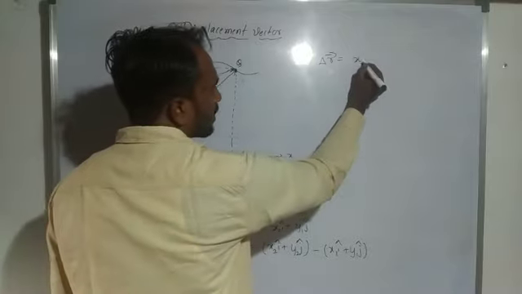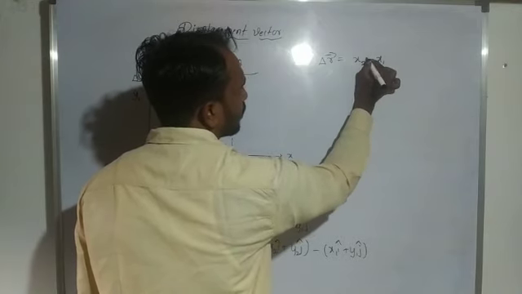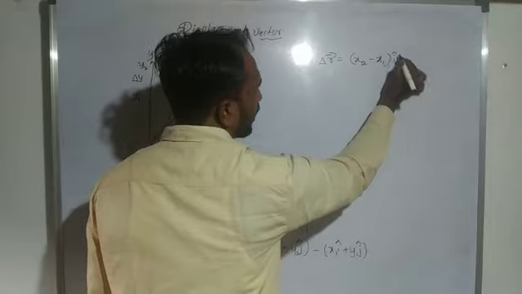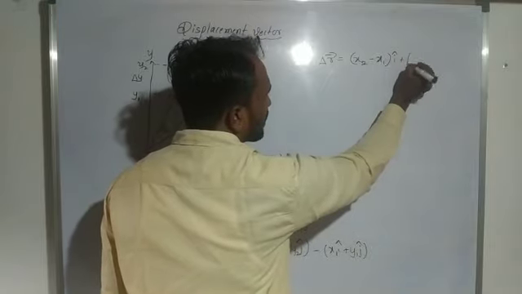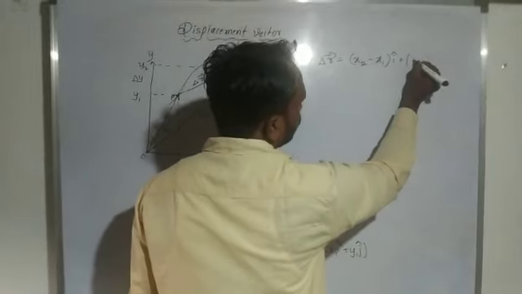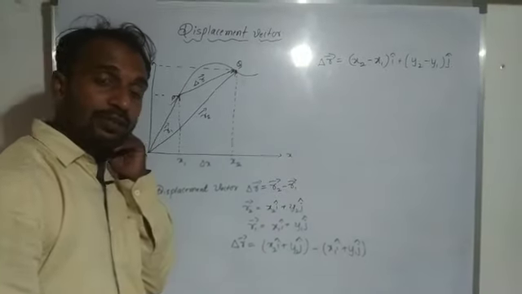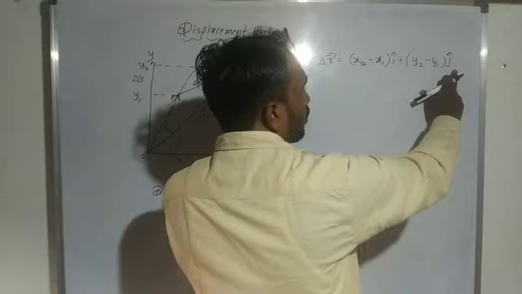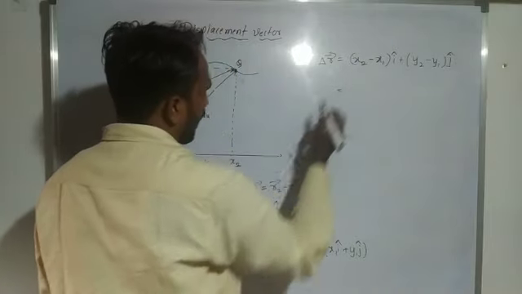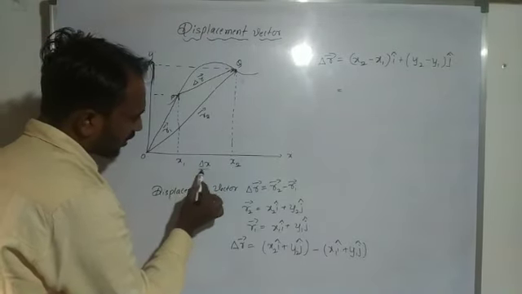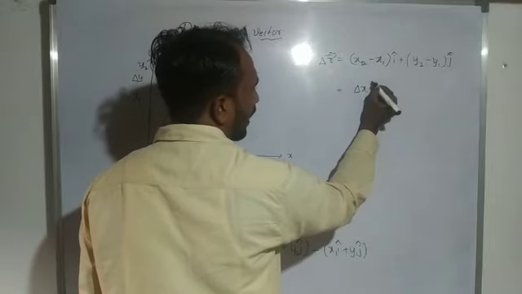The first term is x2 minus x1, and here the common factor is i cap.